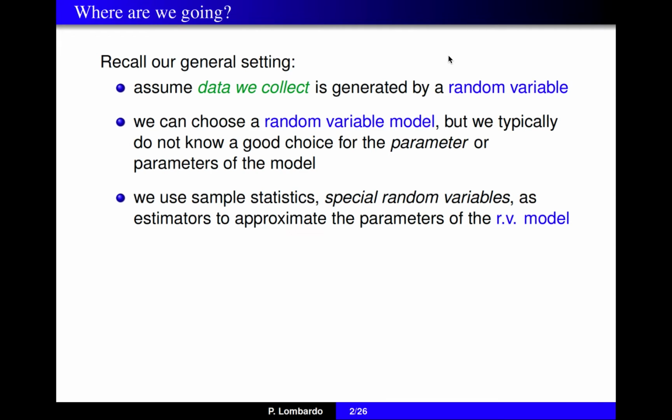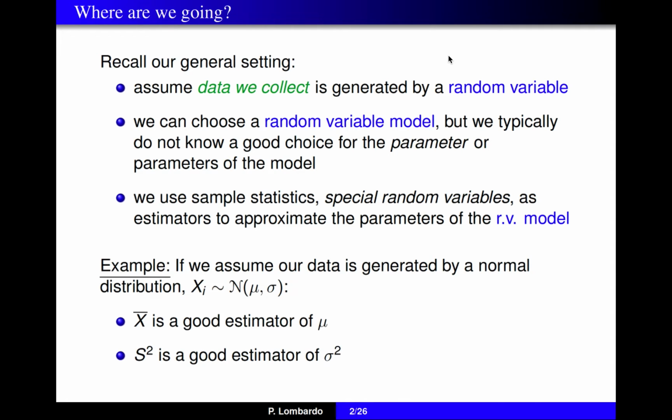Now, the other idea that we need to keep in our mind here is that typically speaking, we use sample statistics, which are special random variables, to estimate or approximate the parameters of the random variable model. Just as a quick example, remember if we assume that we're sampling from a normal distribution with a mean mu and a standard deviation of sigma, the two sample statistics that we were using as good estimators were our S-squared estimator and our X-bar estimator.